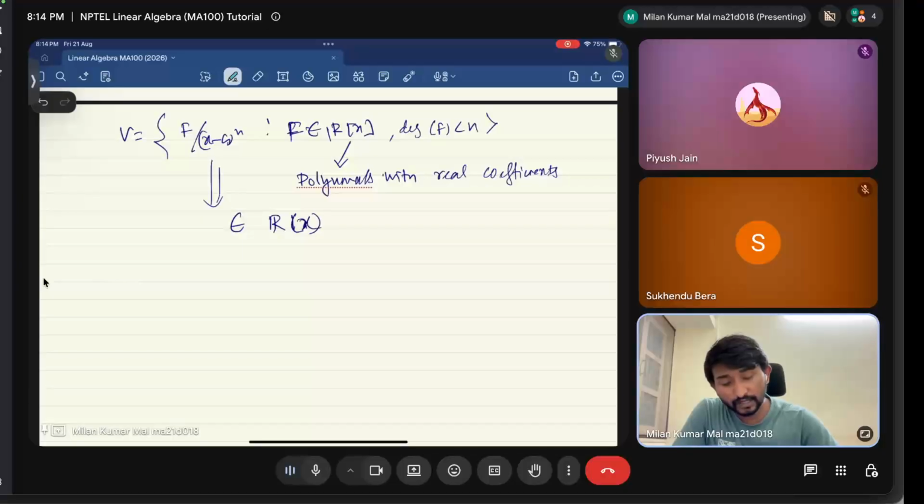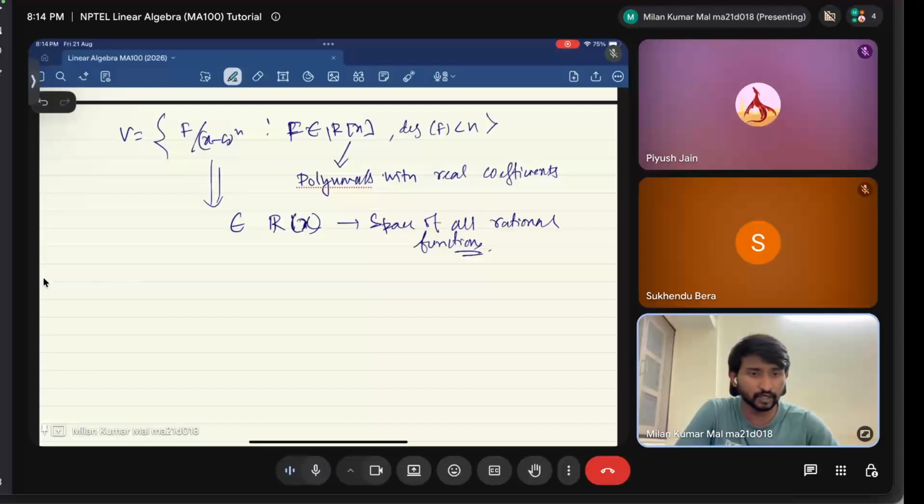This is the space of all rational functions. This is no longer a polynomial. A rational function is nothing but the ratio of two polynomials, each of them with coefficients coming from the real numbers. And R[x] is the space of all polynomials, that means polynomials with coefficients coming from the real numbers.